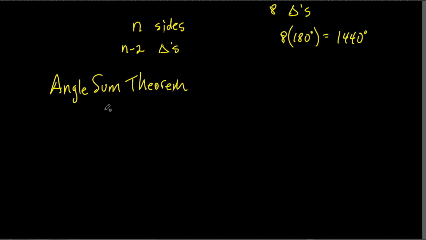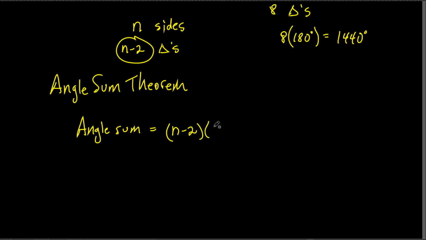So here's how you do it. The angle sum, I'll just write this. The angle sum is equal to, what do you think? We take the number of, we go n minus 2, right? Because that's how many triangles we have, right? You always take how many triangles times what? 180, right?